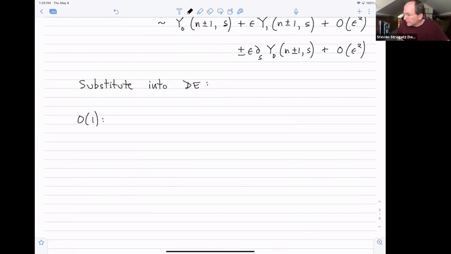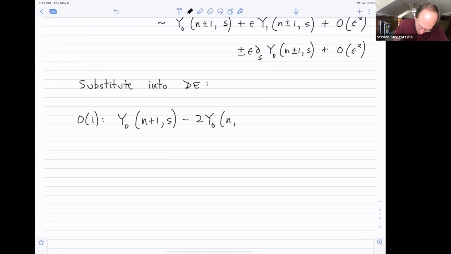Okay, at order 1, we'll get y0 n plus 1 comma s minus 2 y0 n s plus y0 n minus 1 s. So it's coming from my discrete Laplacian operator.